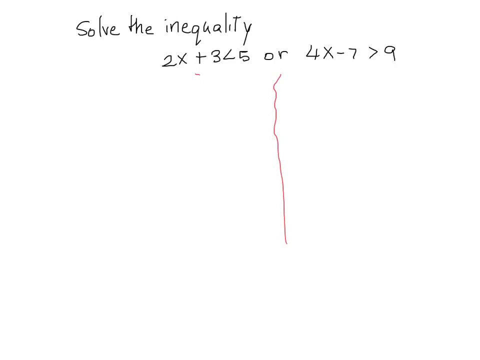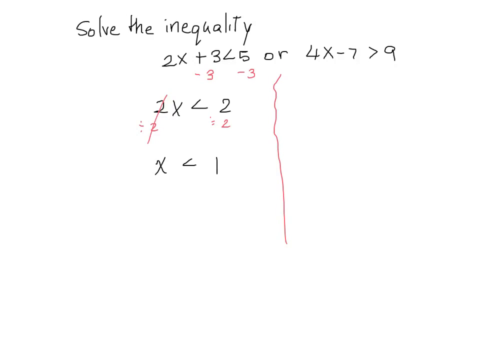We're going to subtract 3 from both sides, because we want that x alone, and we get that 2x is less than 2. And we're dividing both sides by 2. Again, we're working on getting that x alone, and we get that x is less than 1. And that's a part of our solution.